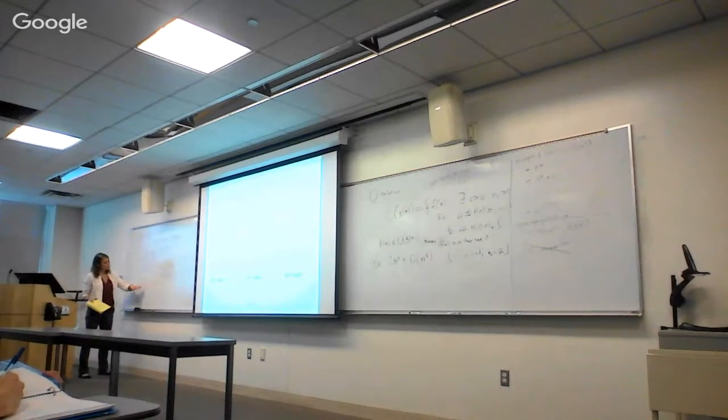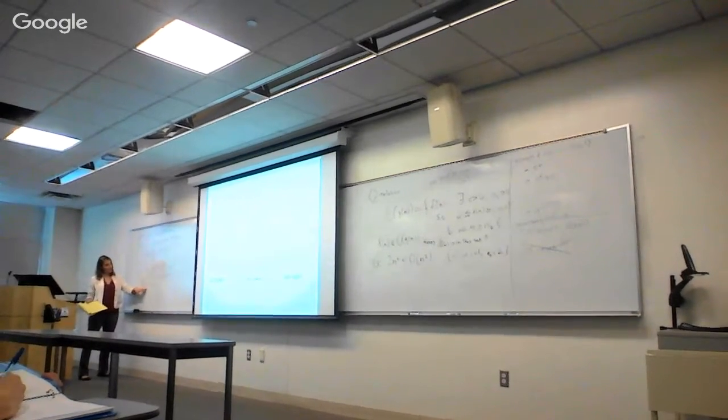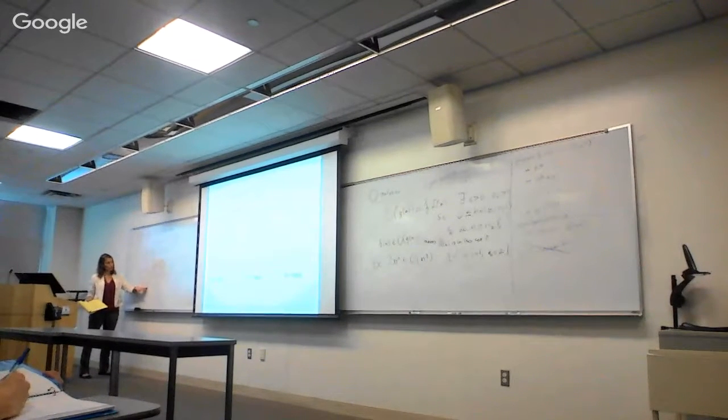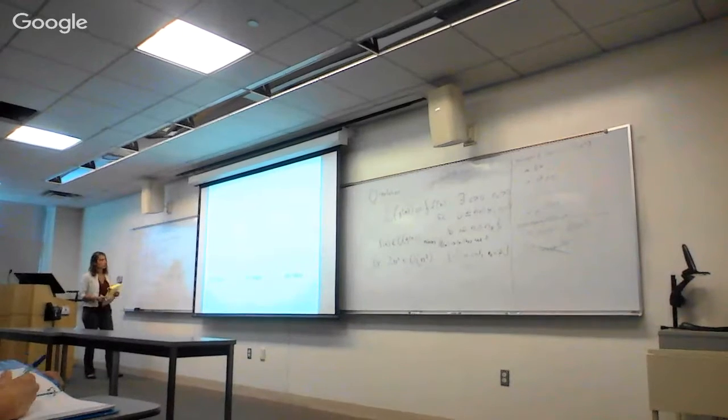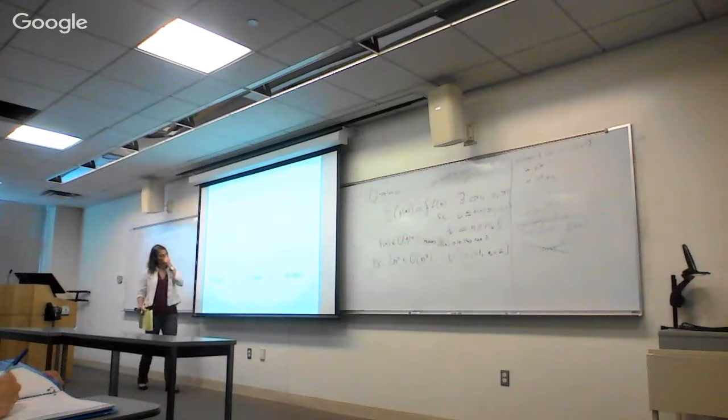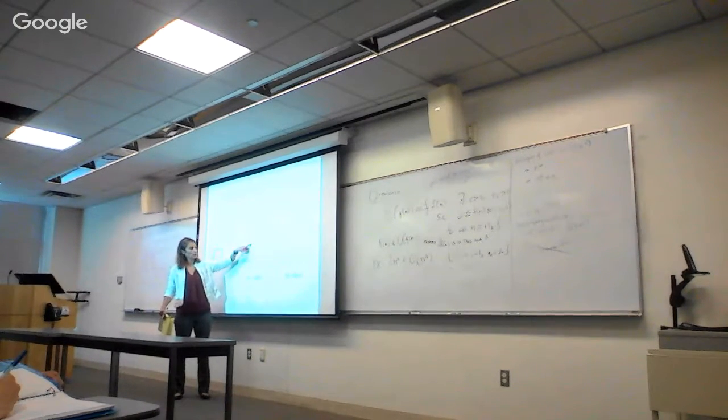And as we take any n greater than 16, the square root will now be larger than the logarithm of that n. So that means we cross it here at n equals 16.